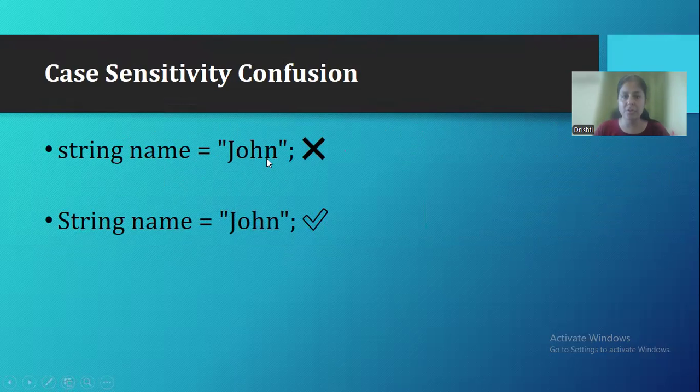String name equal to John, which is actually wrong because, as I'm telling you, Java is case sensitive, String is a keyword. So you have to make sure that the initial is capital, that is S: String name equal to John. This is how you can declare the name, initialize the name, and the value is true. This is one of the small things which one should make note of while initializing and declaring a variable.